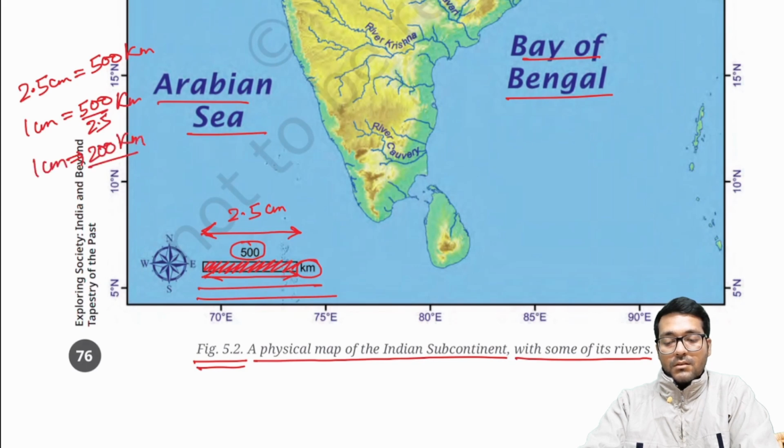That means it can also be written as 1 centimeter is equal to 200 kilometer, or it can be written like this. If this is 1 centimeter, you can write 200 above and kilometer on the right. Let's move to chapter 1.